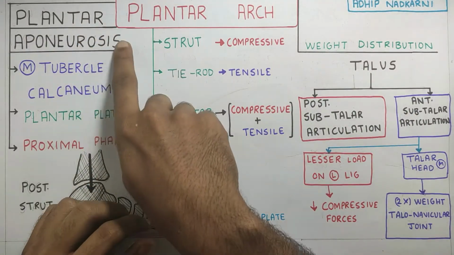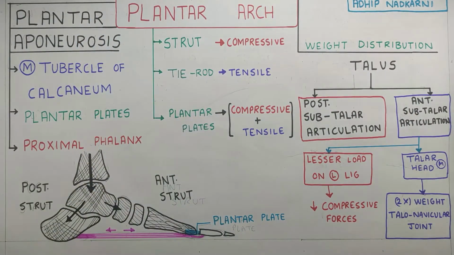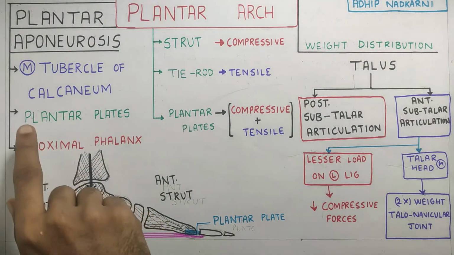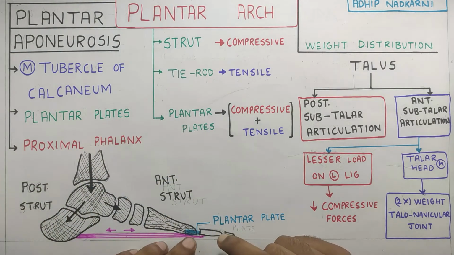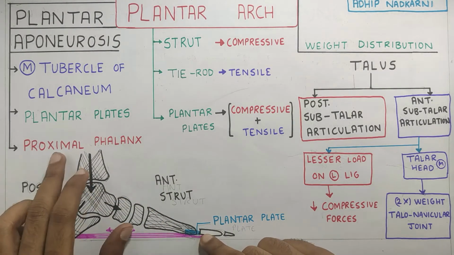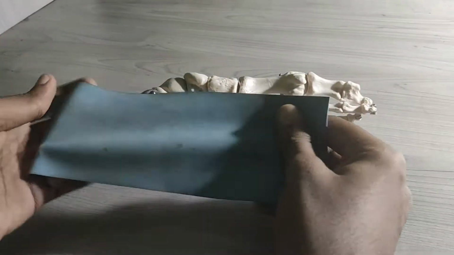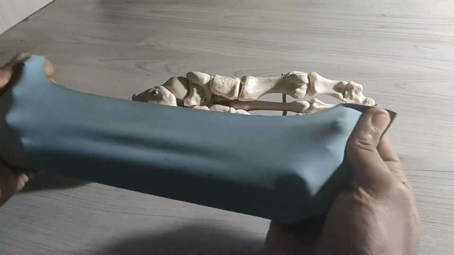So the plantar aponeurosis is attached to the medial tubercle of the calcaneum over here, then the plantar plates anteriorly, and as it touches it, it goes and attaches to the proximal phalanx. Via the plantar plates, it goes and attaches to the proximal phalanx. So it is a kind of rubbery material which is very stretchy.